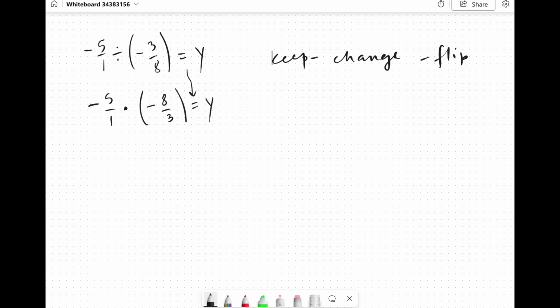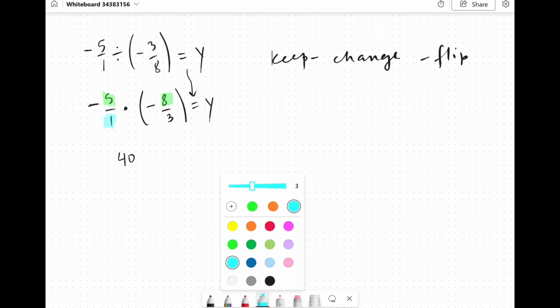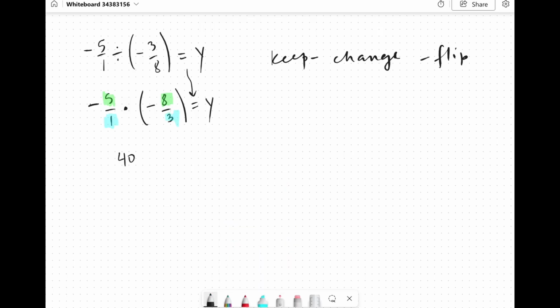Now, to multiply two fractions, you simply multiply straight across: 5 by 8, which is a 40, and 1 by 3, which is a 3. 40 over 3 will be positive because you were multiplying two negative numbers together. 40 over 3 equals your y, and that completes this problem.